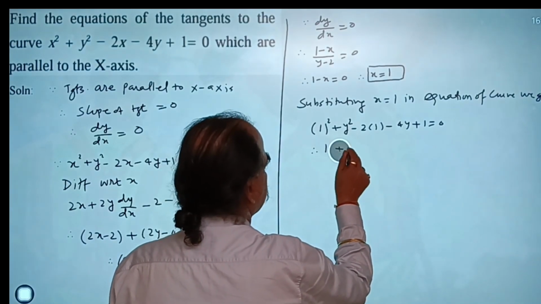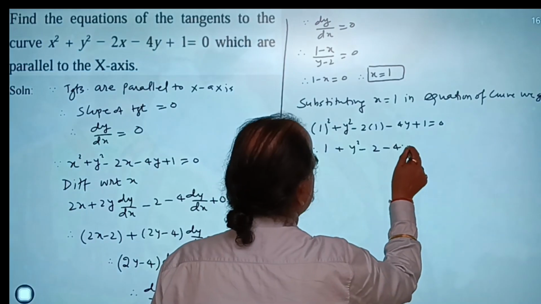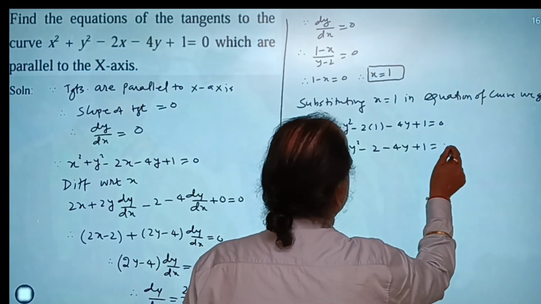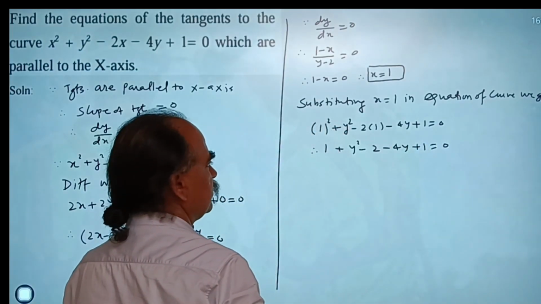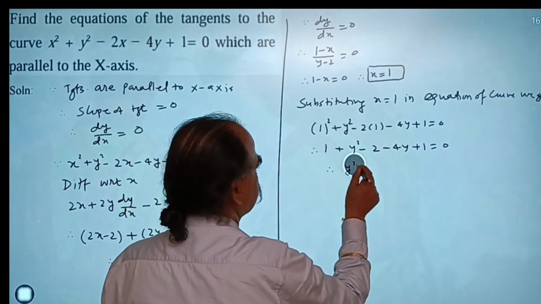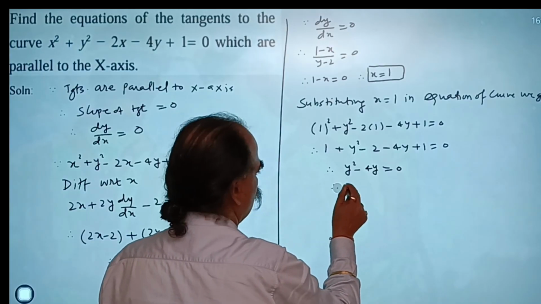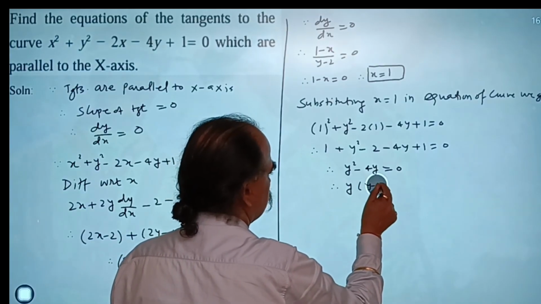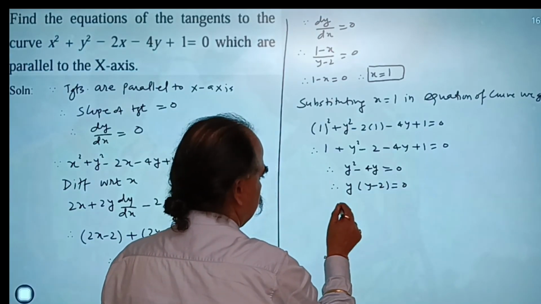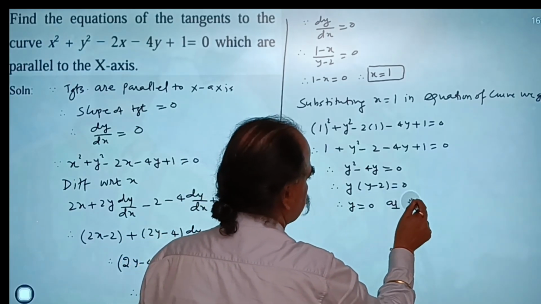So 1 plus y square minus 2 minus 4y plus 1 is equal to 0. Now 1 plus 1, 2 minus 2 will get cancelled. So y square minus 4y, y common, so either y is 0 or y is 4.